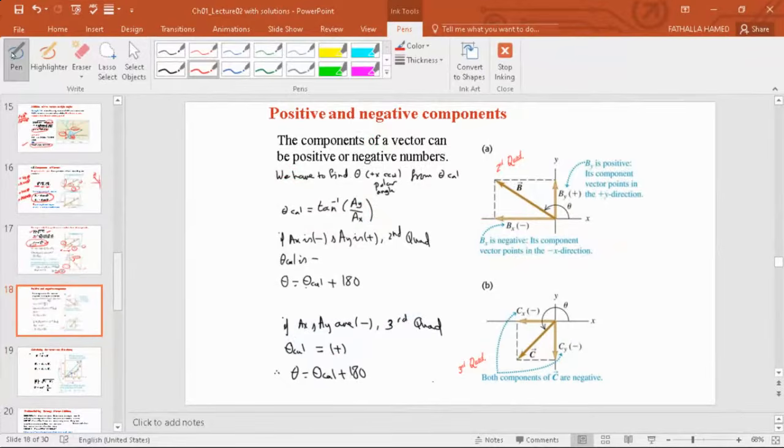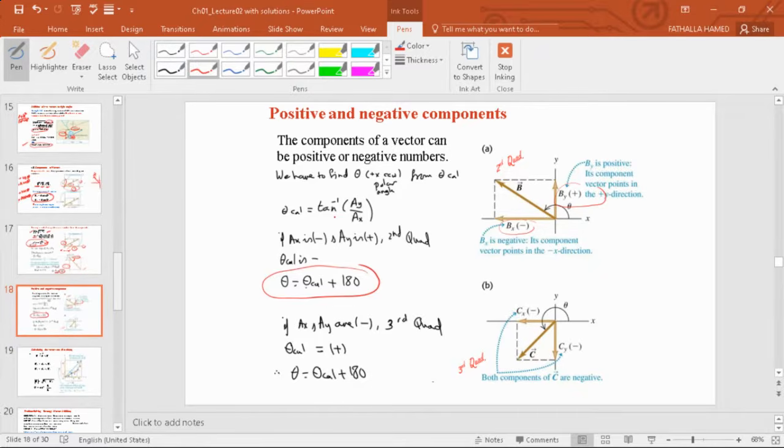Similarly, if I am in the second quadrant, the angle that I will calculate is not going to be right, because I will have a negative x component and a positive y component here. So the value is going to be negative, which is not right. So what I'm going to do is add 180 degrees to the calculated value of theta to give it relative to the positive x-axis, if I'm using my definition here.